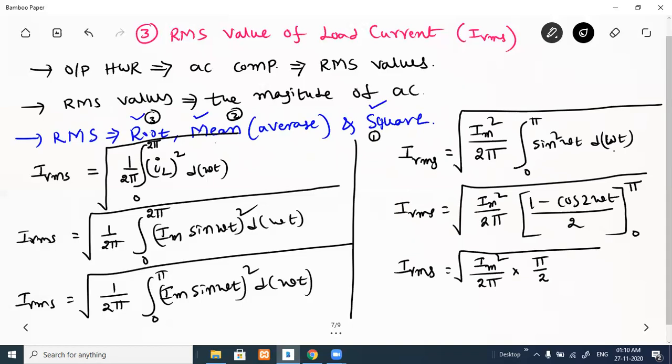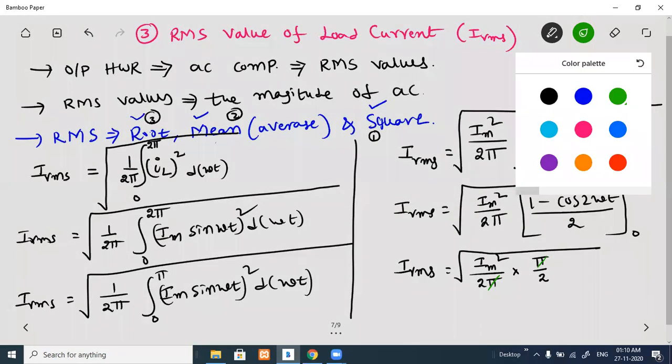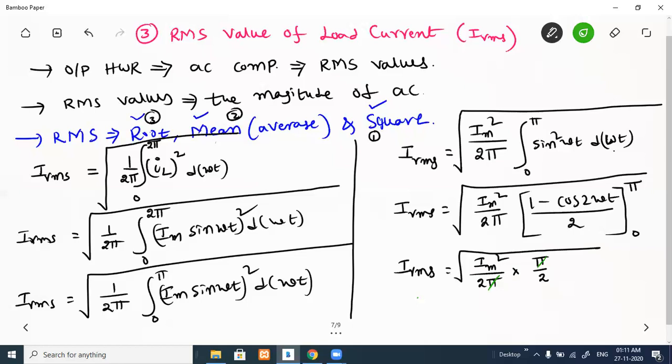Then this pi cancels out, so it is Im square by 4, that equal to Im by 2. So IRMS equal to Im by 2. That is the magnitude of the AC component, the AC signal present in the half wave rectifier output.